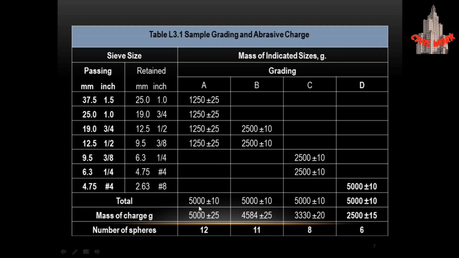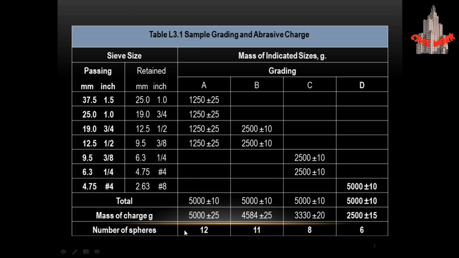These are the sample choices. Then we have the mass of charge, and this denotes the number of spheres we use while categorizing the aggregates in these grades.